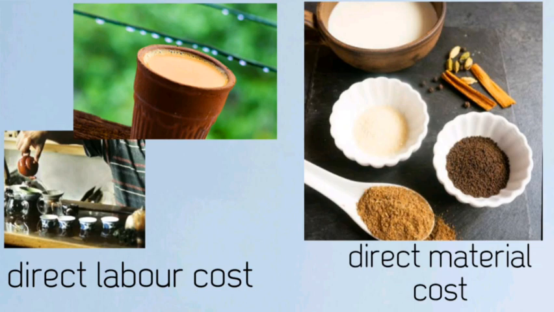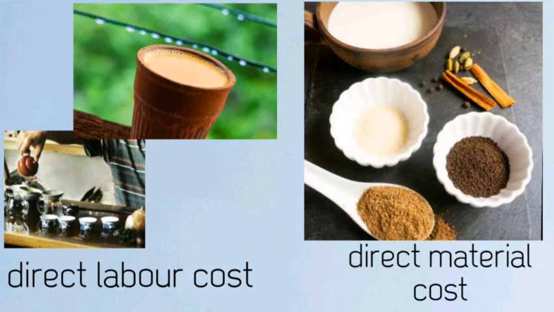So the variable cost can be further classified into direct material cost, direct labor cost, and direct expenses. Coming to the direct material cost, these are the cost of material used to produce the product.